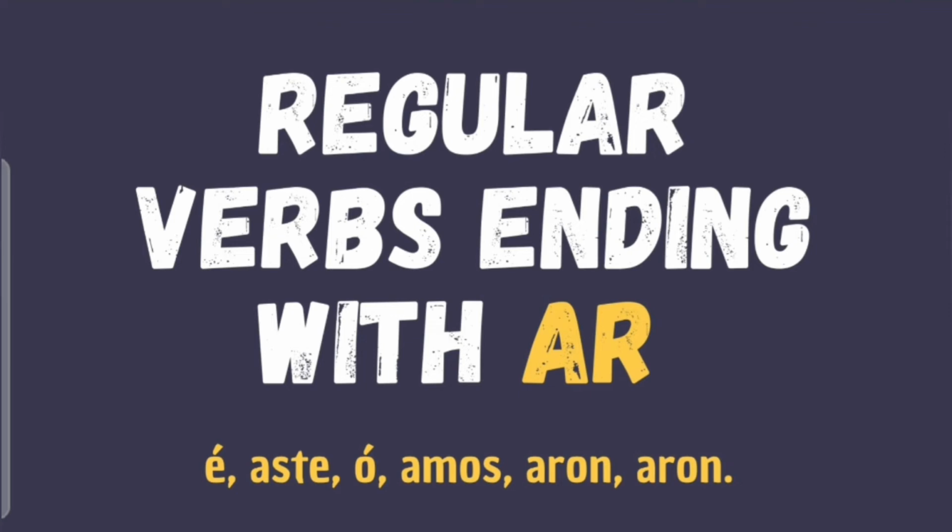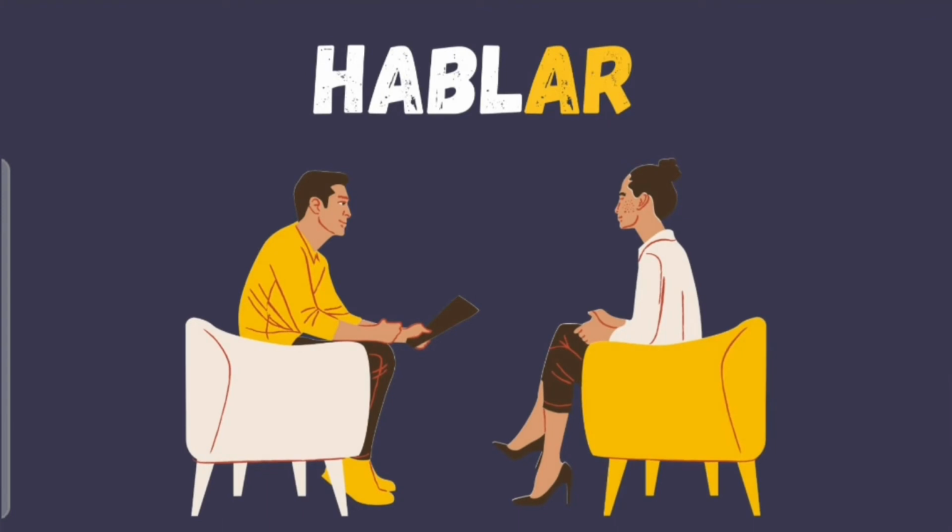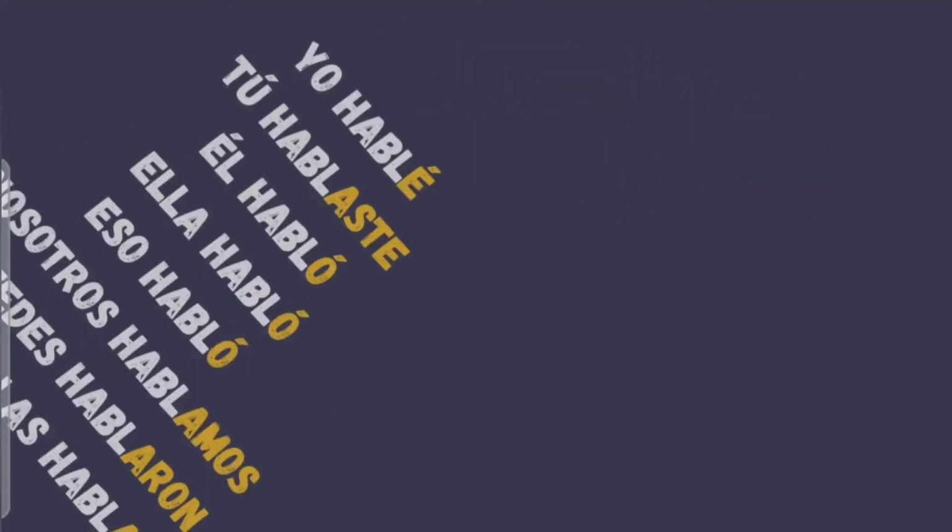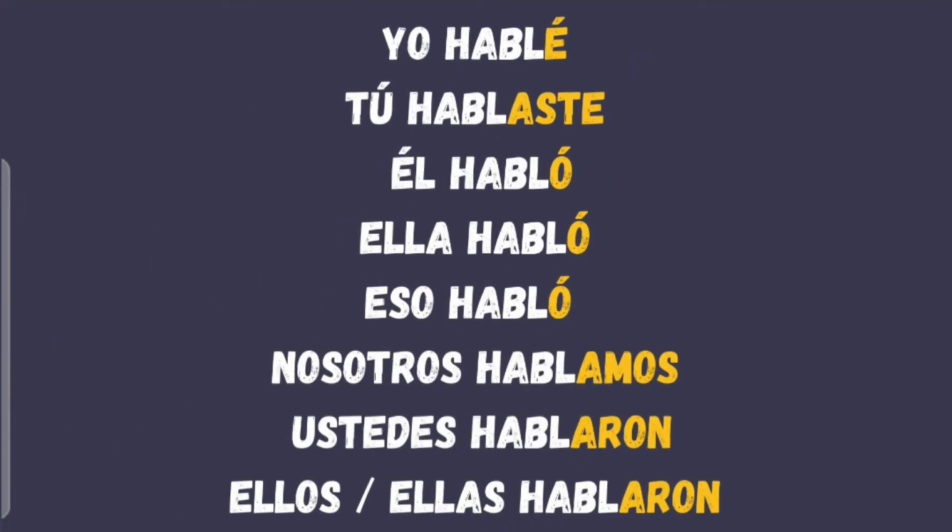But now let's see a verb so you will understand these rules better. Here we have this verb, to talk or to speak: hablar in Spanish. As you can see, it's a regular verb ending with -ar. So let's see how you have to conjugate this verb according to the personal pronouns in the indefinite past.